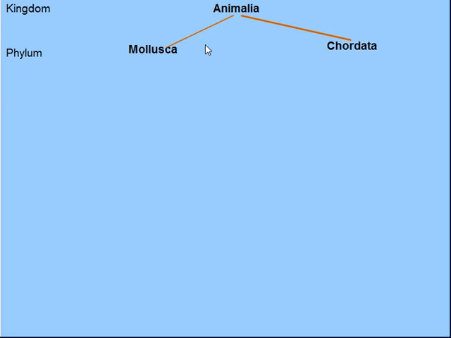They tend to have no shell or an internal shell, as opposed to snails, which have an external shell. So all the cephalopods have certain characteristics that are grouped together. And then Chondrichthyes, these are the cartilaginous fish.